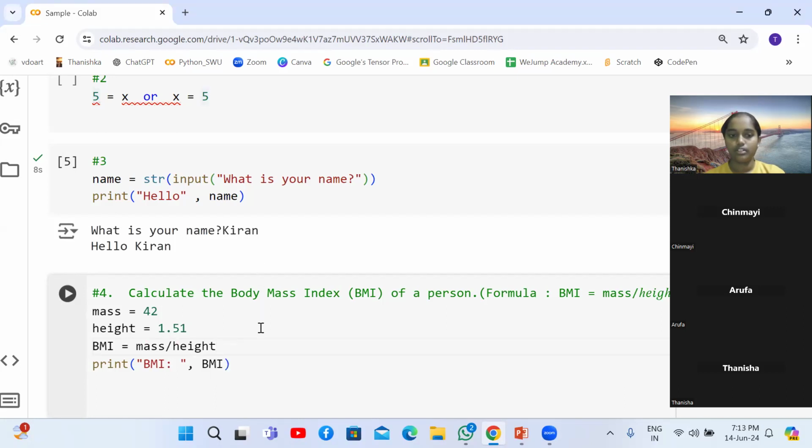The multiplication symbol, and then 2 times you have to use, and then 2. The last line, can you explain, Tanisha? Like BMI, mass is 42. The last line, just this one. Print BMI. Like we have to divide 42, 1.51, mass by height 2 times.